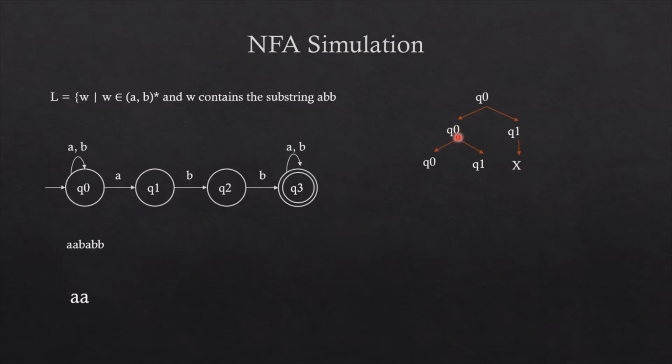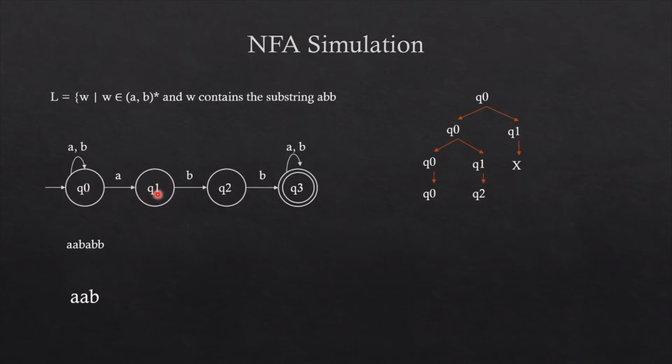From Q0, we have two other states, Q0 and Q1. And then on to the third symbol, we see a B. So from Q0, on seeing B, we stay on Q0. And there's just one transition on B. And from Q1, on seeing B, we go to Q2.